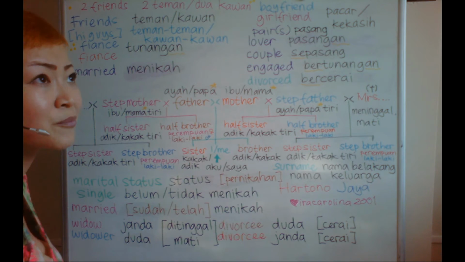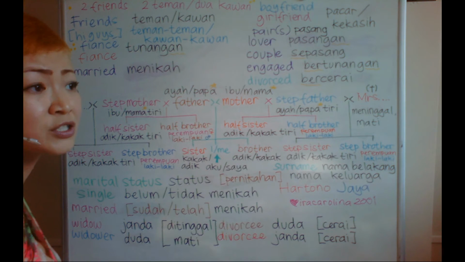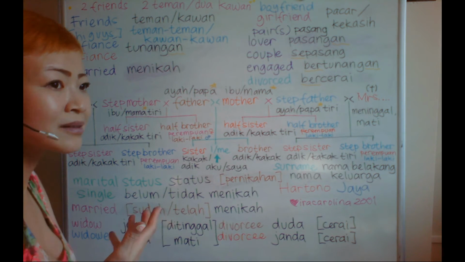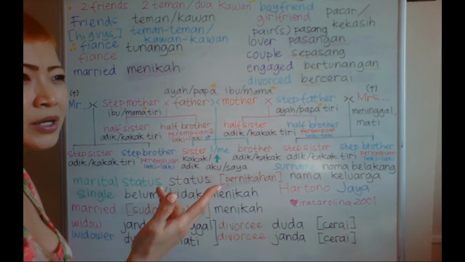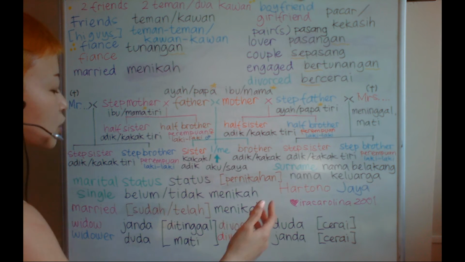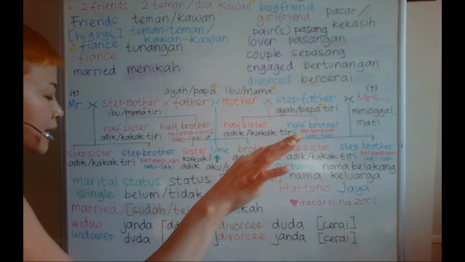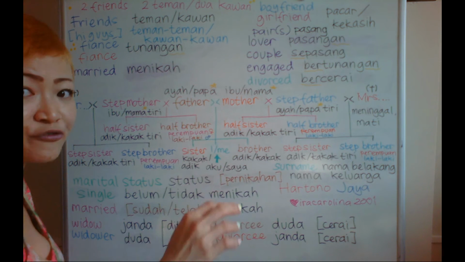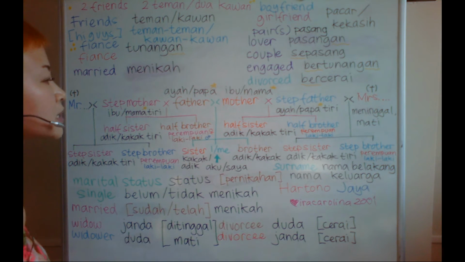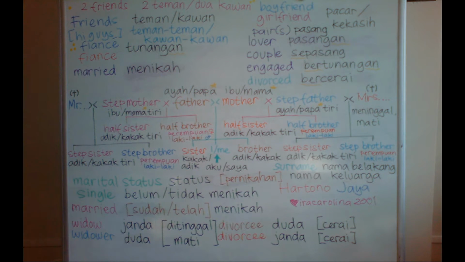At least from my father's and mother's generation, and from my generation. I don't know for the generation under me, but until my generation, we are more into, if you separate, better by passing away, not by divorce. So if you say janda or duda because of widow and widower, you automatically add ditinggal mati. It's to give a good impression, like that.